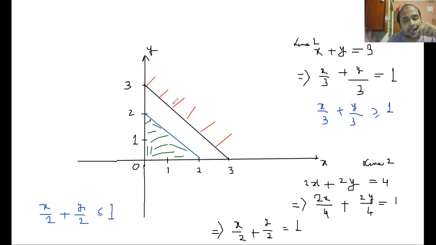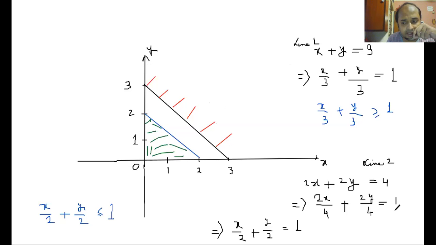So for the two lines we have got two regions. One region is on that side, and another region is on this side. One region on the side above the straight line 1, and the second region is below the straight line 2. What was written in the note?